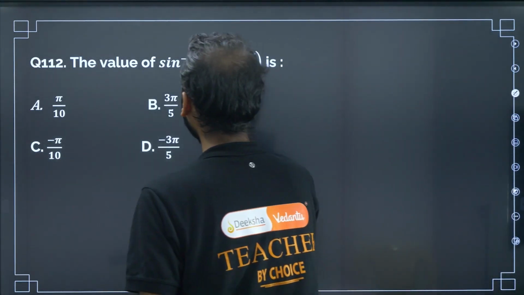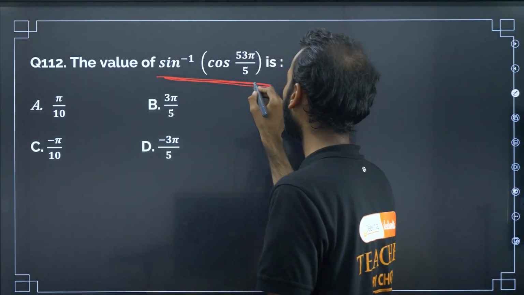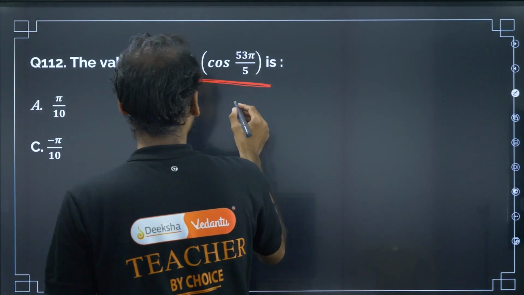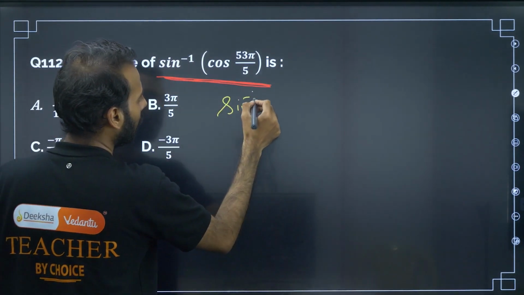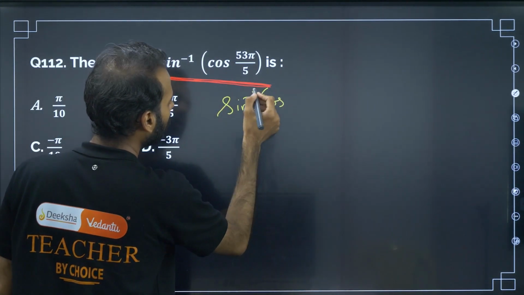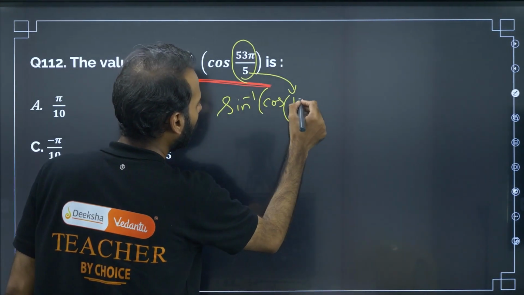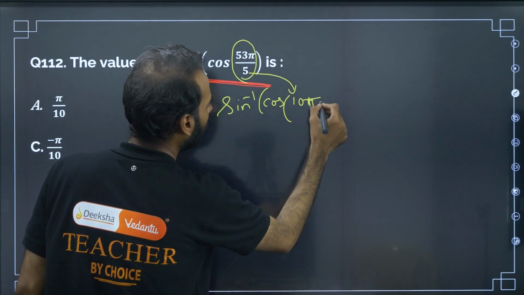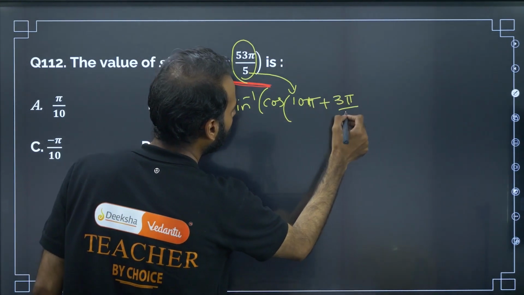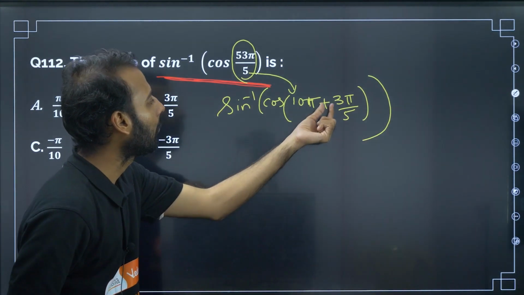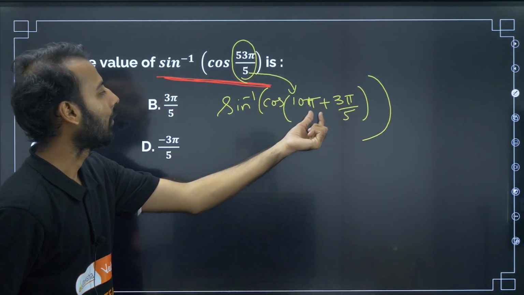One question they have framed, the value of sine inverse of this. They're asking to find this value. So how to simplify? It is purely based on simplification. Sine inverse of cos of 53 pi by 5 can be written as cos of 10 pi plus 3 pi by 5. See here, if I take LCM, 50 pi plus 3 pi, 53 pi by 5.